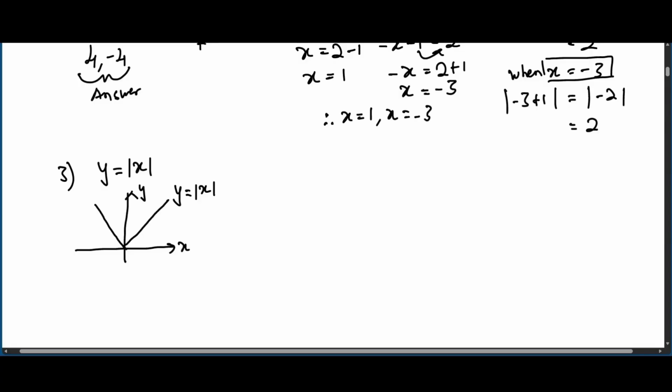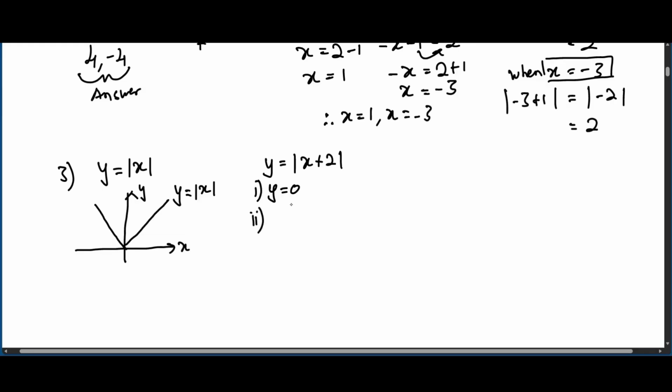So now, how do we sketch? What if they gave us a random equation? For instance, let's say they gave us y equals to absolute value of x plus 2. How can we sketch it now? So remember, there's 3 steps, right? Okay, let's do the first step. You let y equals to 0.